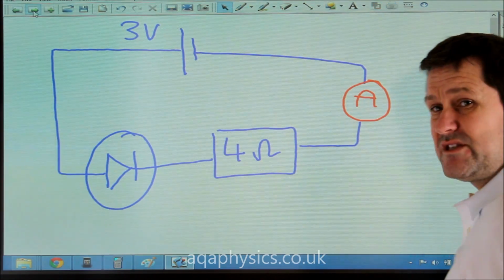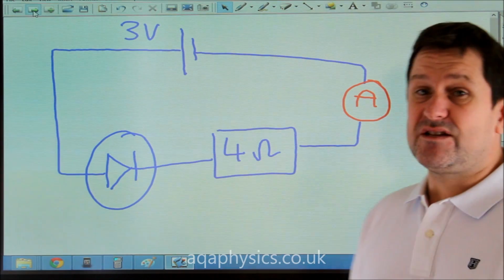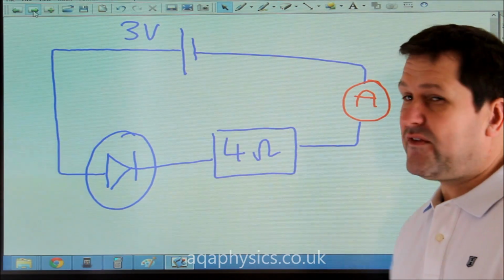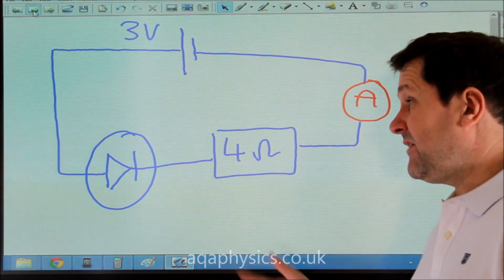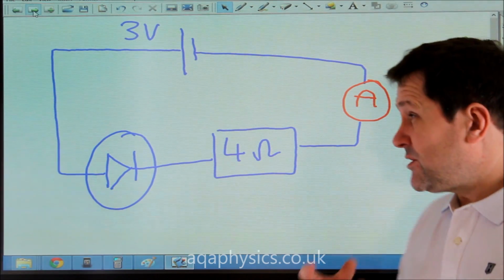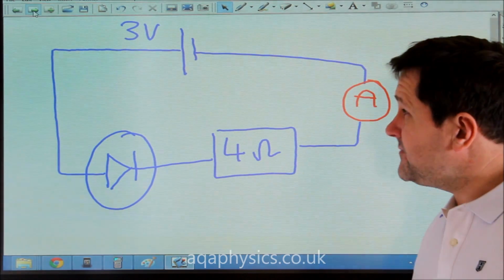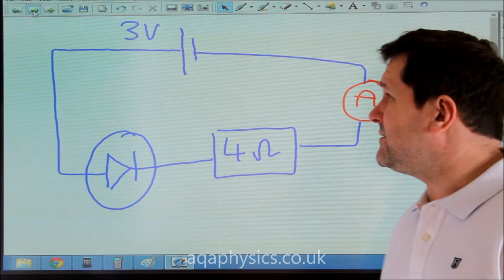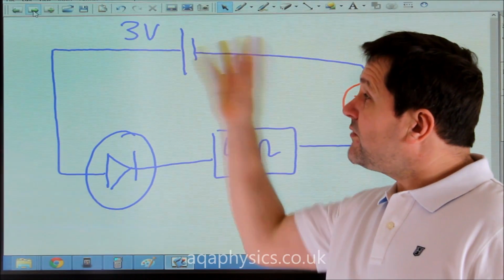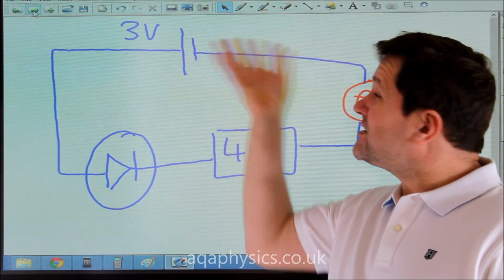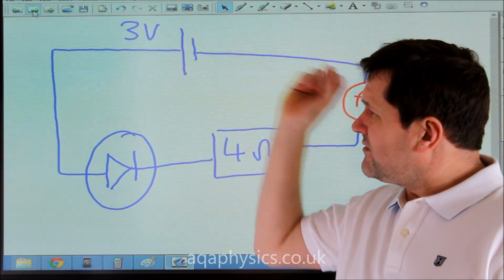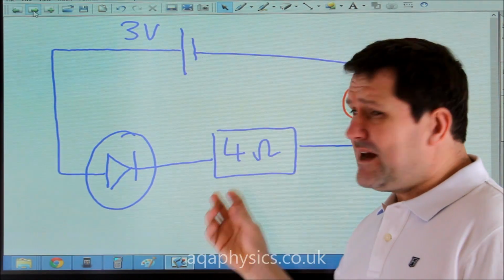Now normally you would say, okay, the current I is V over R, which would be 3 over 4. But in this case it's slightly different because there's a diode in place. So we need to consider the diode. The first thing you must always do is think about, we've got 3 volts EMF, this has got 0 internal resistance.